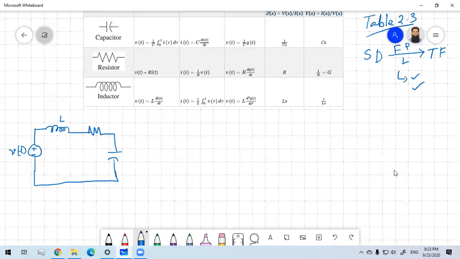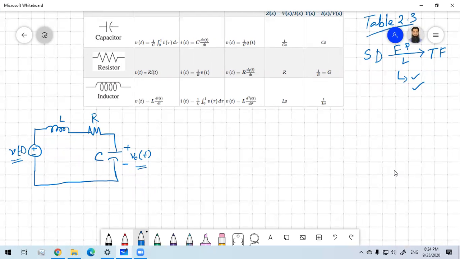Then you have L, R, these are the passive components. And you have to find the voltage across the capacitor, vC(t). Output is vC(t), and this is your input. So you have to find the relationship.